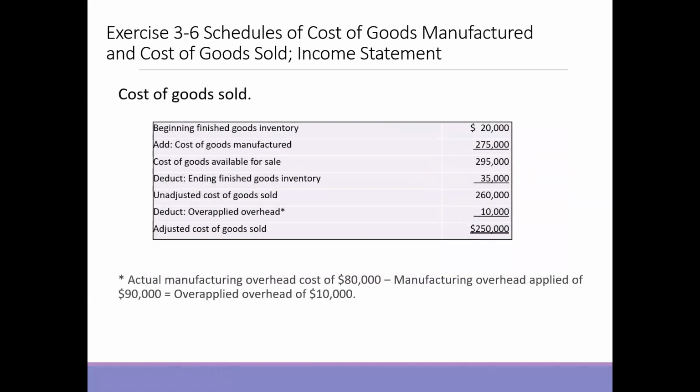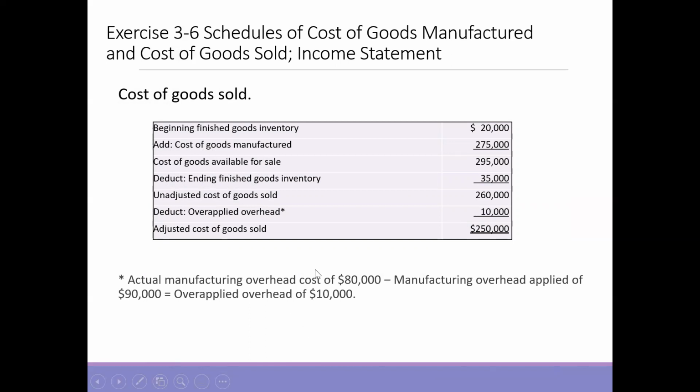How do we determine cost of goods sold? We have our beginning finished goods inventory. We add what got manufactured to have total available. Then we have our ending finished goods inventory balance to see what were the cost of goods sold. Now what we're learning is we're going to either add under applied or subtract over applied overhead.